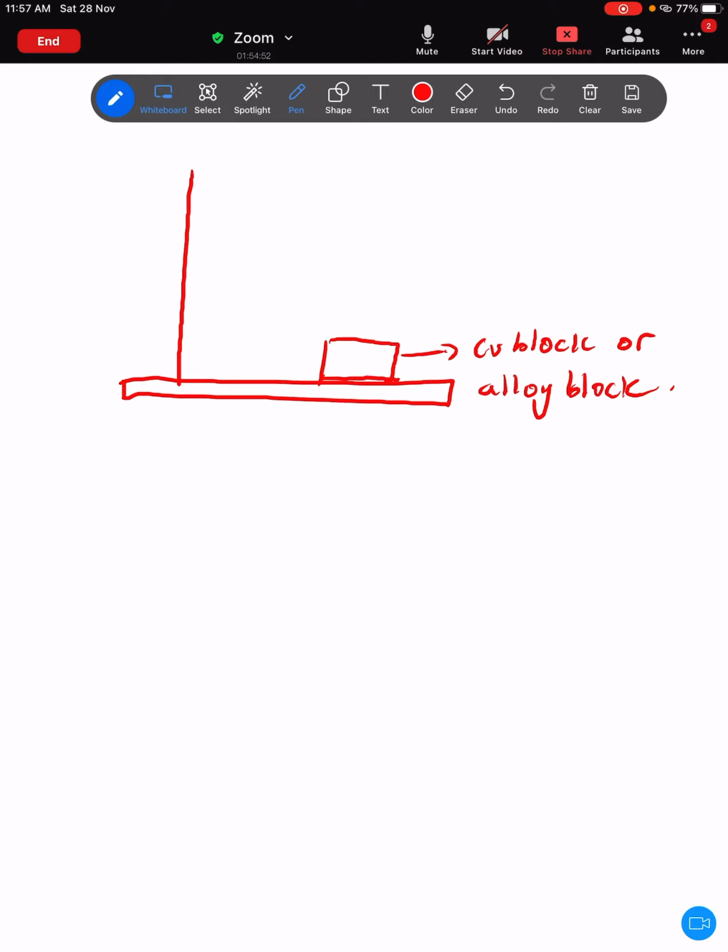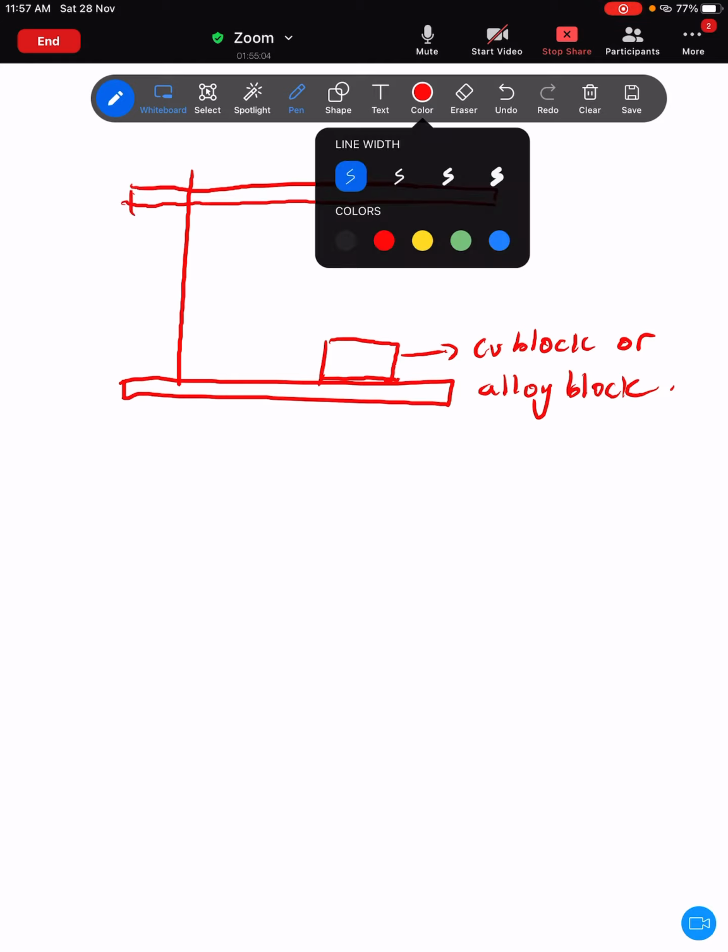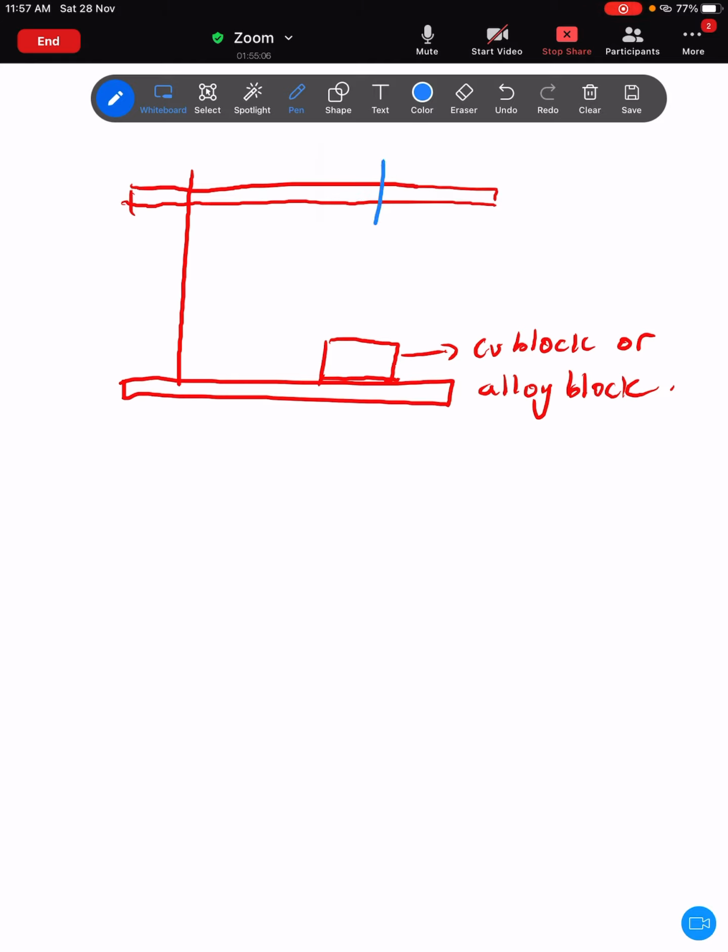Of course, you have a retort stand. Okay, you have a retort stand. Sorry guys. Okay, then you tie something, this one, tie it, and you put a 1 kg weight.